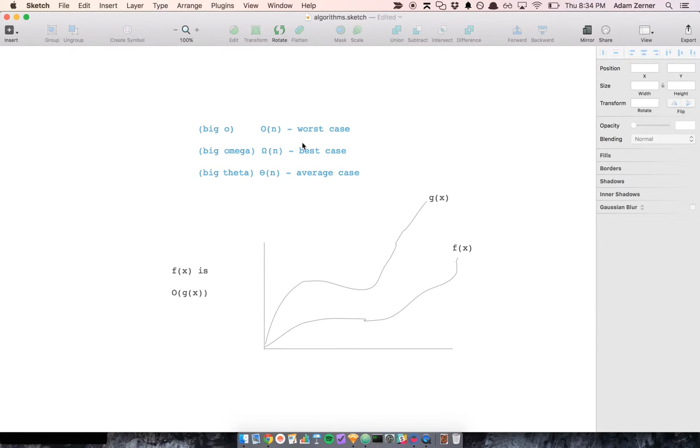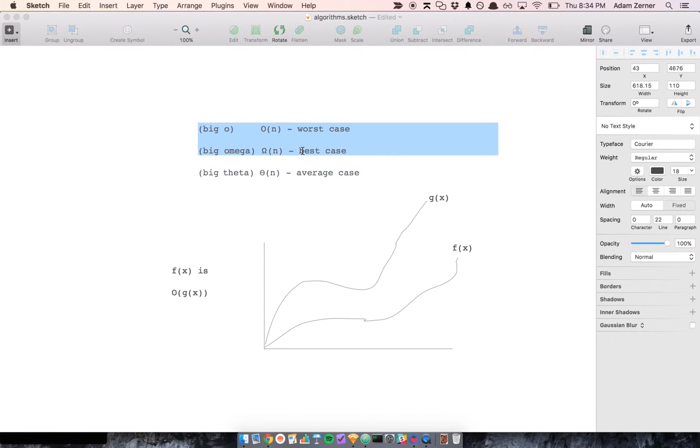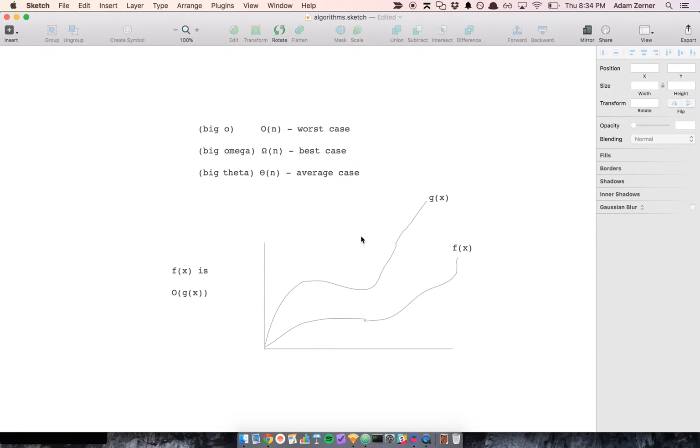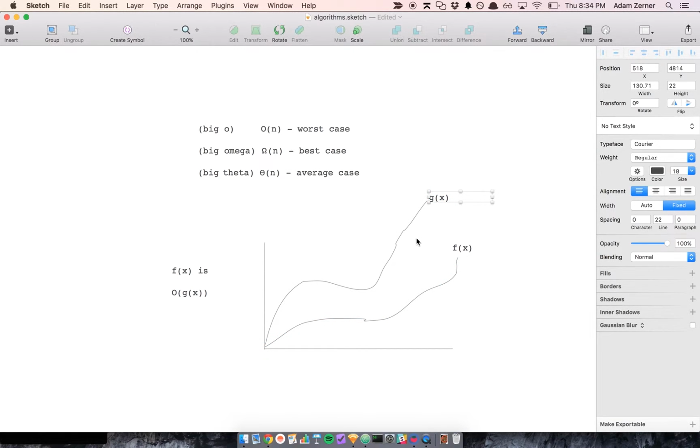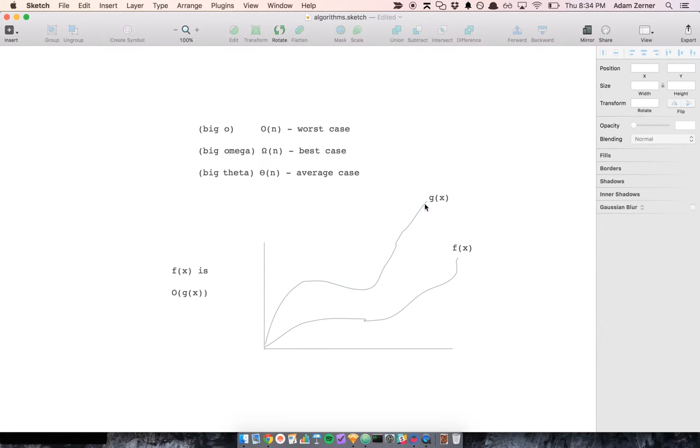So big O. Big O is an analysis of how something is going to perform in the worst case. If we have a function f of x, and we also have a function g of x, and g of x is always going to be bigger than f of x, we know that in the worst possible case, f of x is at least going to be lower than g of x.